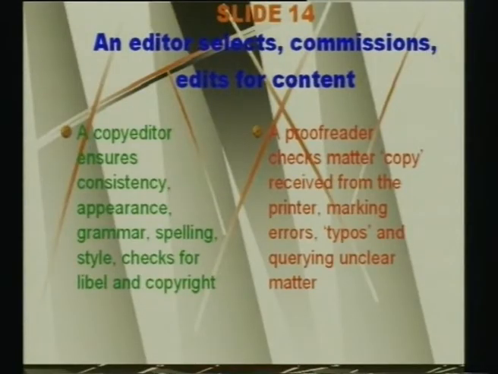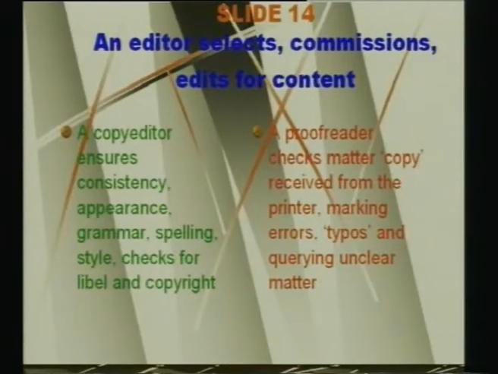There might be a chief editor, a sub editor and so on. Or, and this pertains particularly to books, an editor who is categorized by the nature of the editing that he does. He can be a creative editor, he can be a substantive editor. A substantive editor will look at the content of the book, or he can be a copy editor.